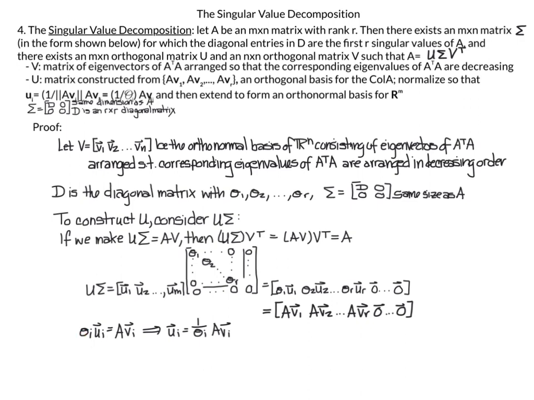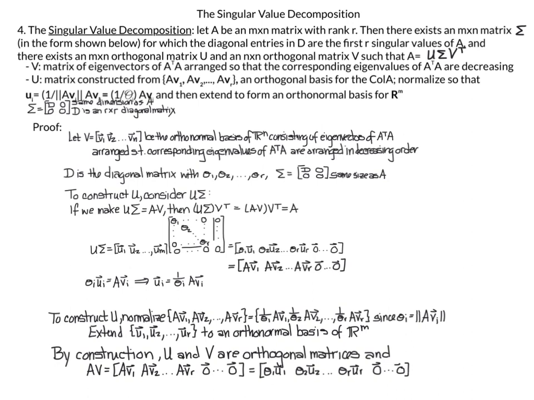Sigma i Ui is equal to AVi, which means that our Ui is equal to 1 over sigma i times AVi. This is our formula for each column of U, and this is what is going to make this decomposition work. The one warning I have is that sometimes you won't have enough eigenvectors for U. You have to normalize, which we do with this.